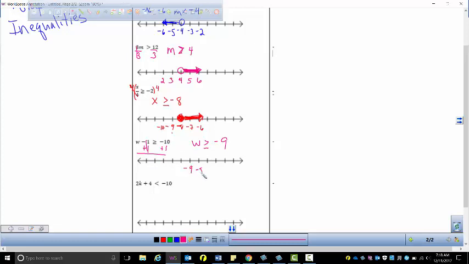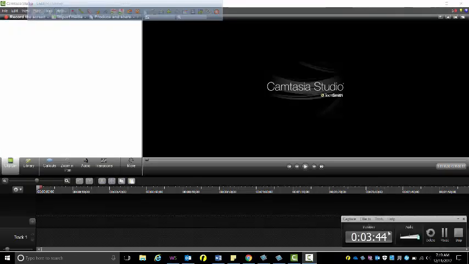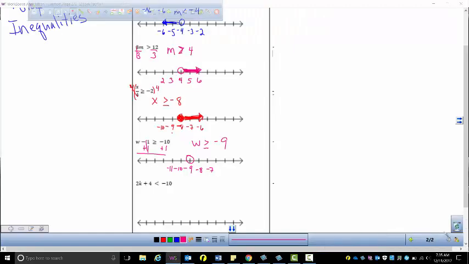On this side I would have negative 8 and negative 7. And on this side I would have negative 10 and negative 11. So I go to negative 9 and draw my circle and our arrow. We have greater than or equal, so we're going to color this in. And our arrow is going to go to the right.